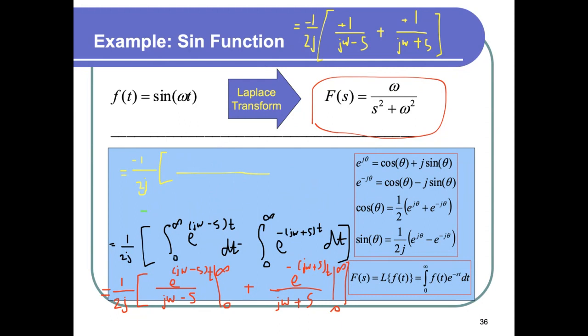If I multiply these guys, what happens? We'll have s squared plus omega squared. Why? You know what, I'm not going to skip steps here. Let me just show it. So we can use the multiplication rule of conjugates.